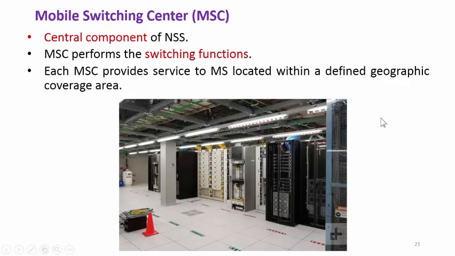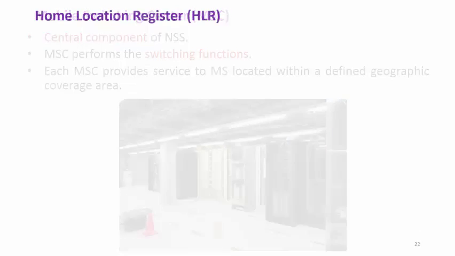Suppose one of the mobiles is changing its location from home location to another location. At that time the BSC will communicate with the mobile switching center to tell that the particular mobile station is moving from home location to roaming location.